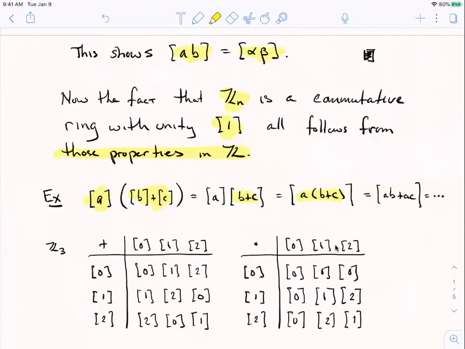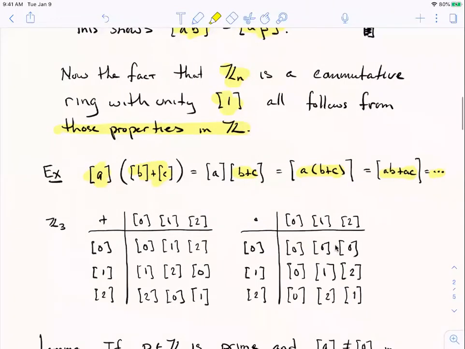So once I'm inside the brackets, I'm looking at A times B plus C, which is AB plus AC, because the integers have the distributive law. Same thing for commutativity and the fact that 1 is the identity. I'm not saying it can be skipped; you should do it as a student learning this, but absolutely everything will go through. The fact that this is well defined was the whole issue, and everything else follows because those properties hold in the integers.